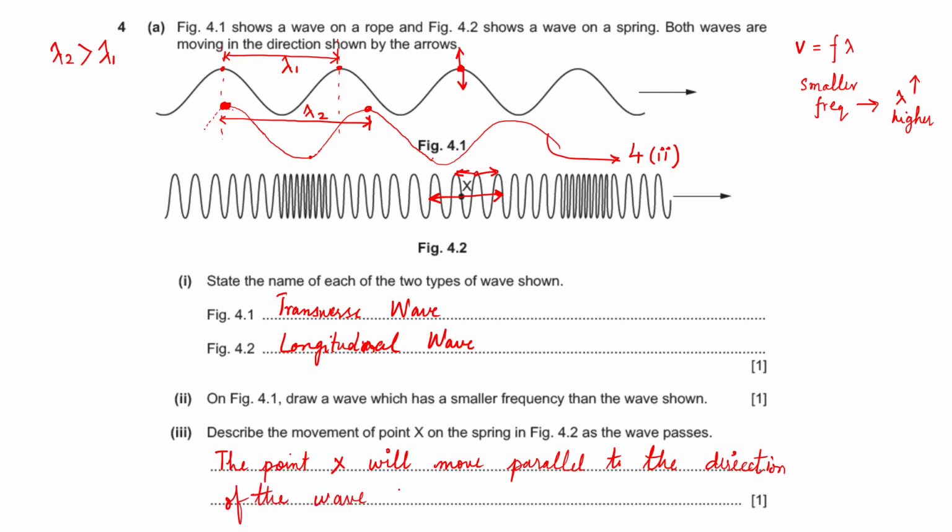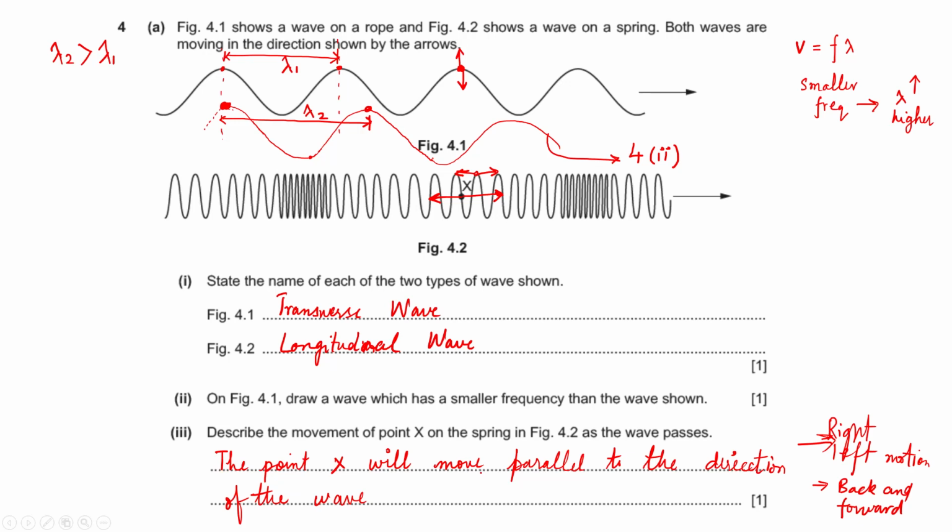You can also say right, left motion, or back and forth, back and forward, you can say. Also it's good, but a good scientific way, or good technical language, to say it is parallel to the direction of wave.